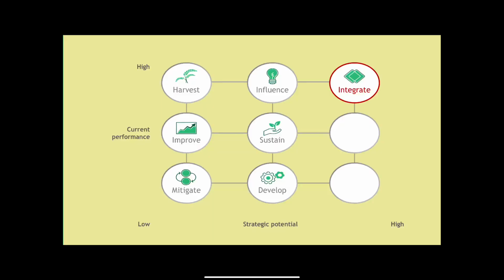And if you're very, very lucky, one of these suppliers actually has super high current performance. And in this case, the recommendation would be integrate as well as you can with the supplier. So integrate doesn't mean that you should acquire this supplier, but integrate means that it should work as if you were one company.